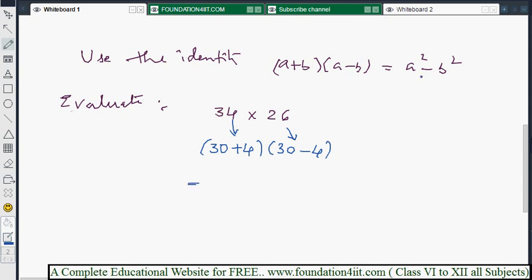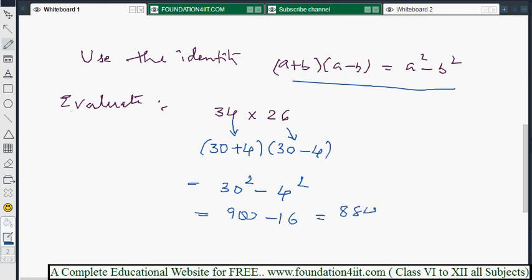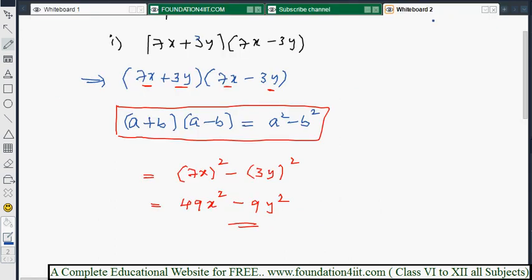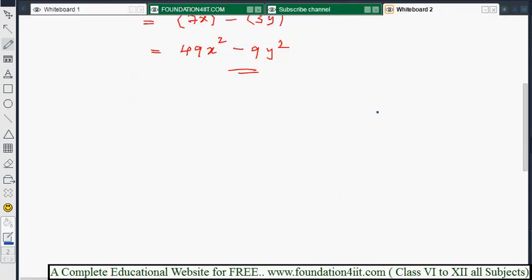Then if you apply the identity, a² − b², that is 30² − 4². So 30² is 900, minus 4² is 16. So 900 minus 16, just subtract, 884.